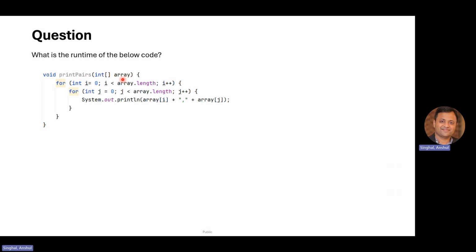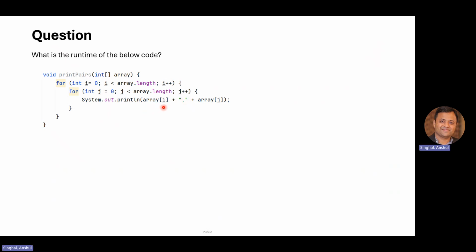So we are given an array in this method. We have a for loop wherein we start with index i = 0 up to array length, so i will go from 0 to length minus 1 of the array. Then for each iteration, we again have a for loop which goes from 0 to the same length of the array minus 1, with j plus plus.